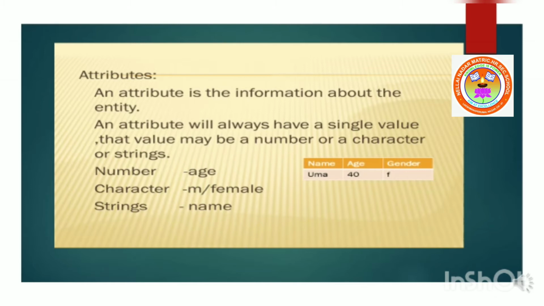An attribute will always have a single value. That value may be a number or a character. See here, 40 is a number and F is a character. Age is number, character, male or female. Here I have written name with strings.